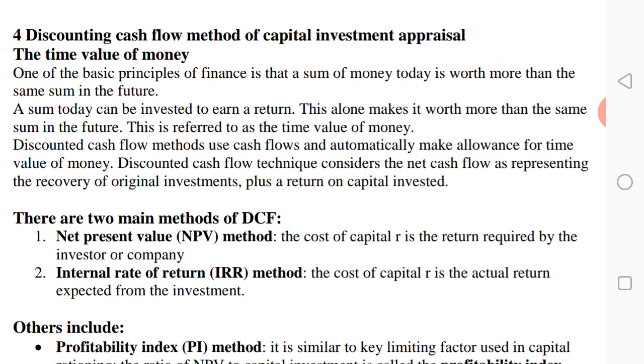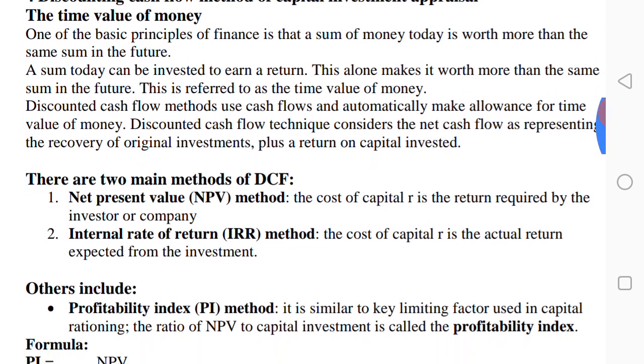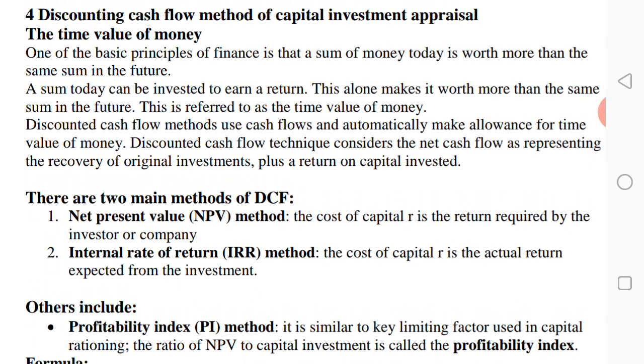Why do we have to discount our cash flow before we evaluate our projects? The major reason for this method is the time value of money. If you agree with me, you understand that 1,000 naira 10 years ago does not have the same value as 1,000 naira today. 1,000 naira 10 years ago or 20 years ago could purchase something that would be worth about 10,000 naira today.